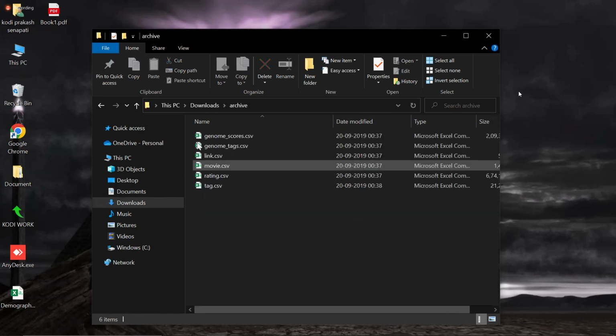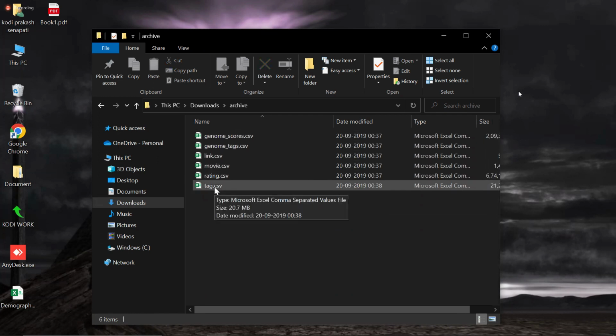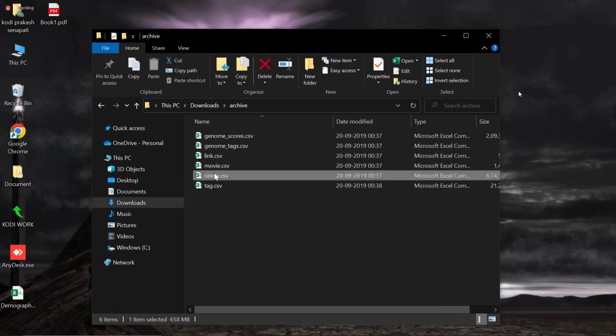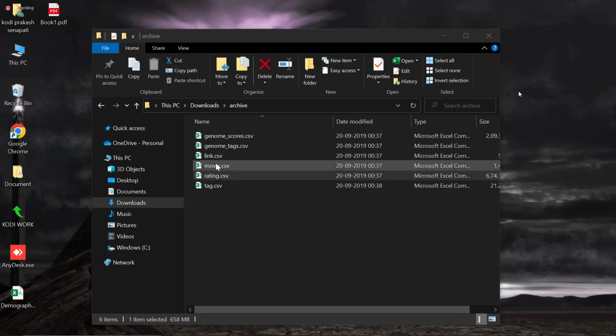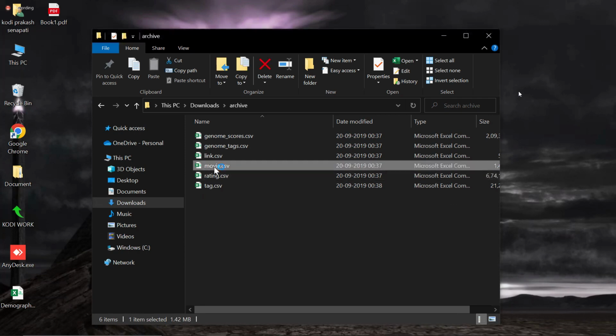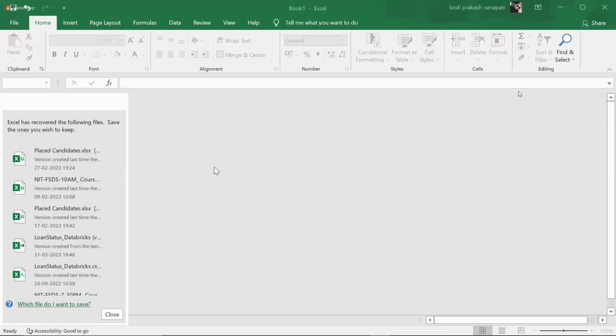Do we have 6 files or not? 1, 2, 3, 4, 5, 6. Let's open rating.csv and movie.csv. How many files did I open? 2 files.